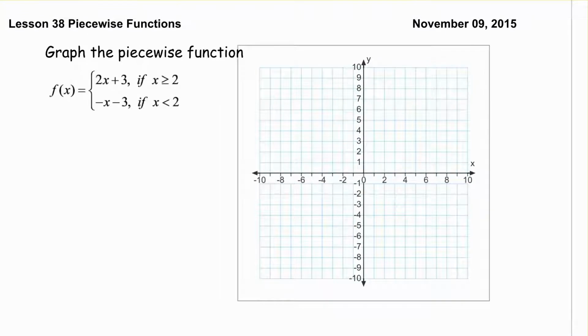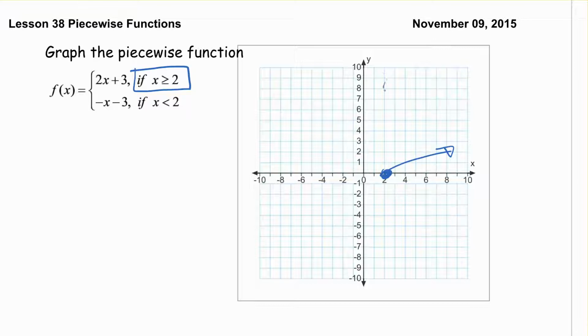So in a piecewise function we've got constraints, and our constraints tell us where our x values can be. This constraint is talking about x values that are greater than or equal to 2. Just on the x-axis, x values greater than or equal to 2 would be everything to the right of that, right?